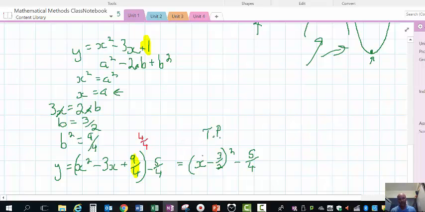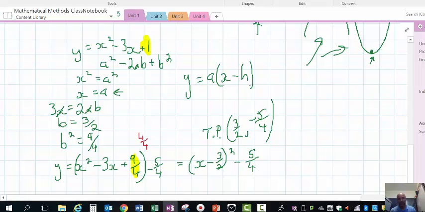And that's turning point form, and the turning point would be 3 on 2, negative 5 on 4. Because remember, the turning point form is a outside of (x minus h) all squared plus k. So it's minus, plus form. We've got the minus there, we don't have a plus there, so that makes k negative. So 3 on 2, negative 5 on 4 would be the turning point.